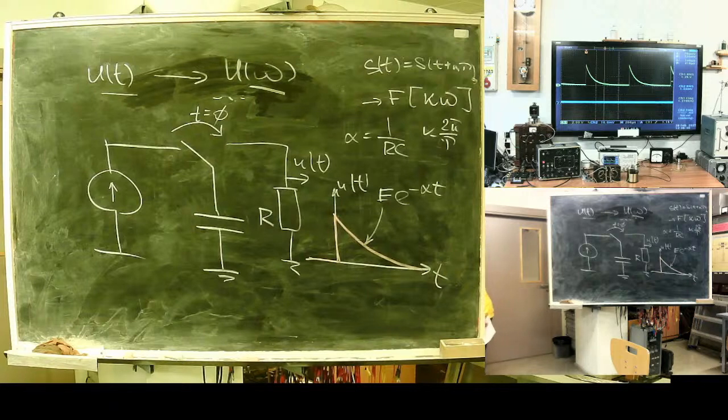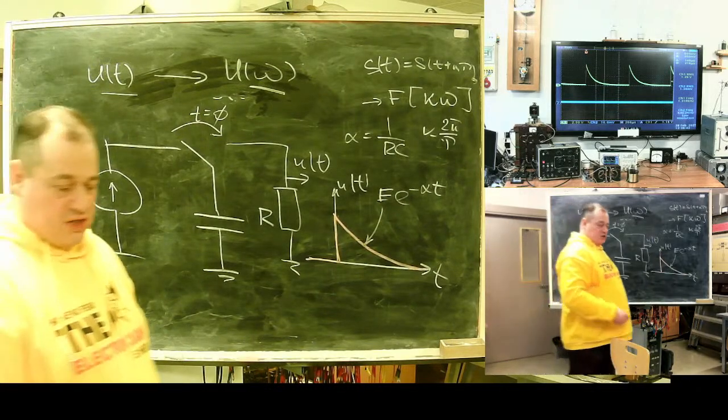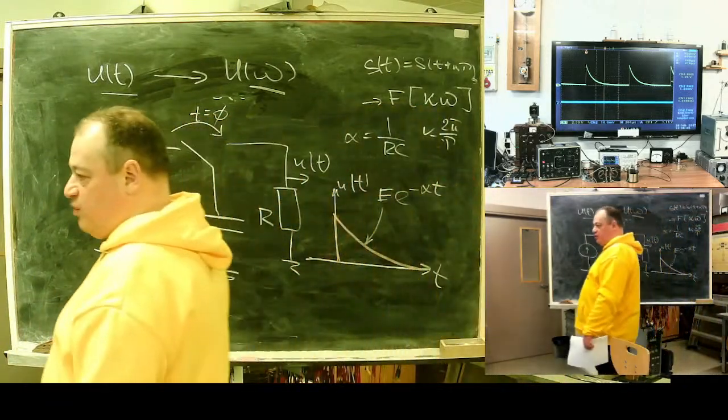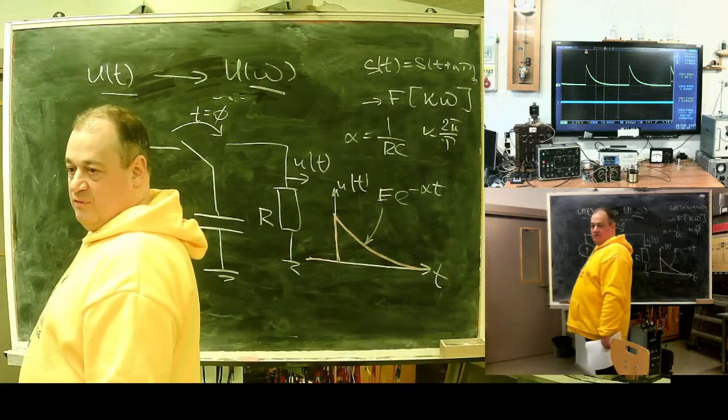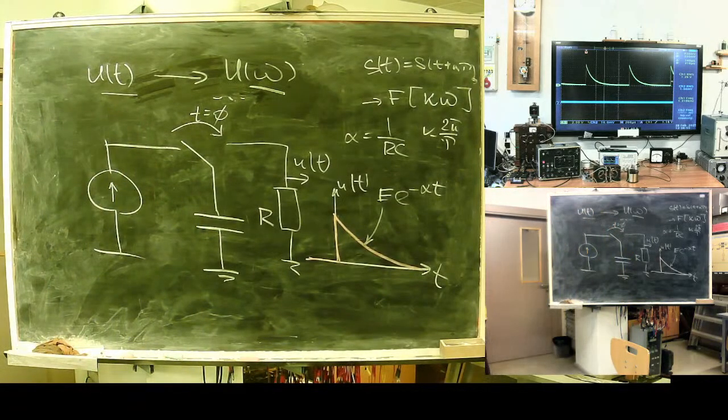It's base frequency, double, triple, and so on. You will see discrete frequency function. There is no 1.5, 1.3, or 2.4 frequencies. Base, double, triple, quadruple, and so on.